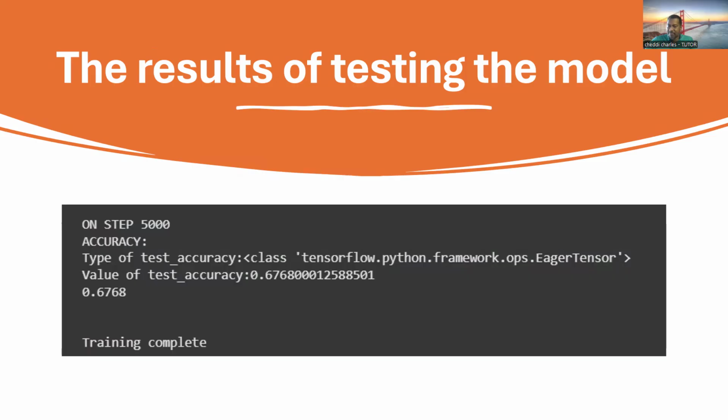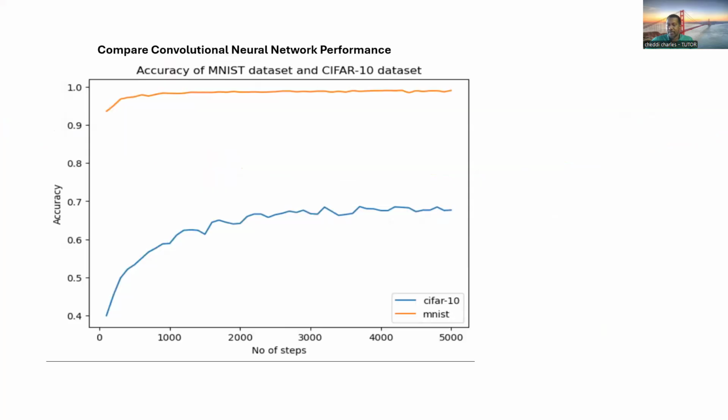It seems a little bit less compared to the other MNIST dataset, which gives us like 99% accuracy. So we've got to talk about why there was such a big difference between those two results. Okay, so these were the results of testing the model here.